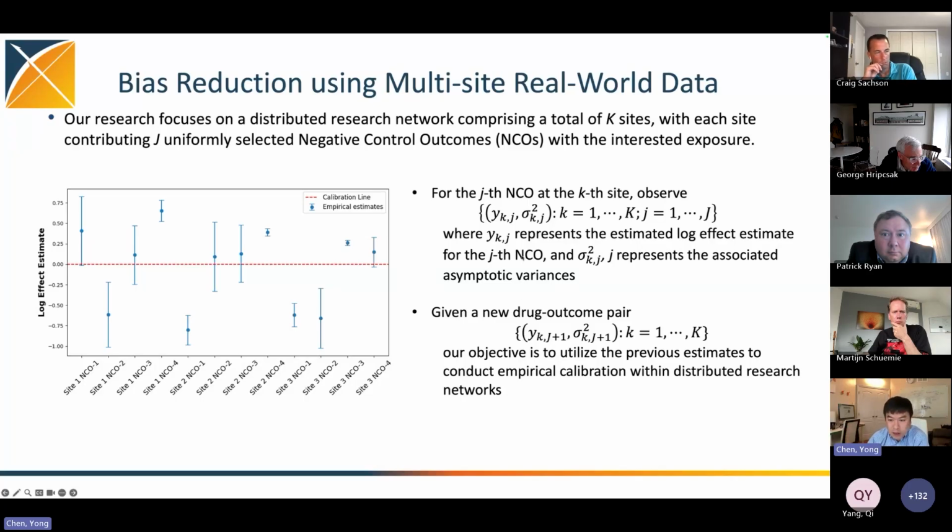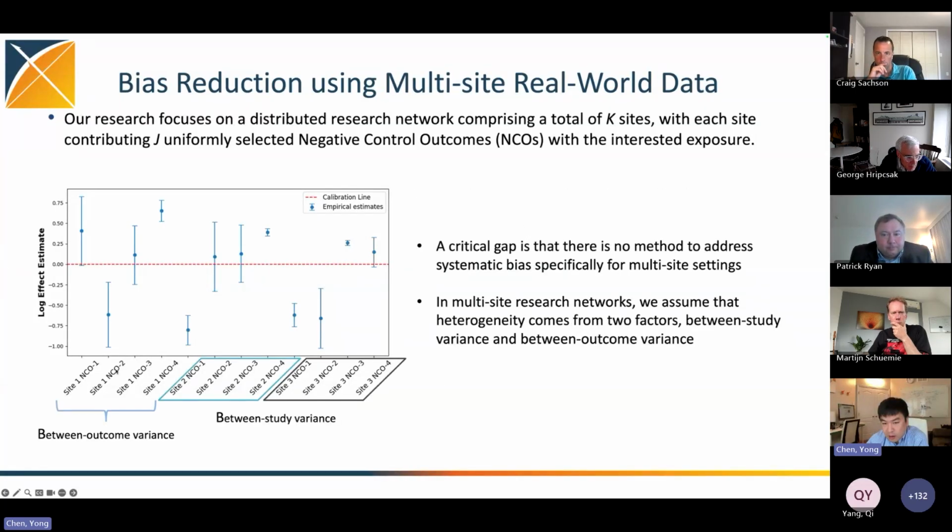So in this case, we have to introduce a double index notation. K indicates a particular data partner, and J is a particular NCO. And at a high level, we need to actually consider two types of variations.